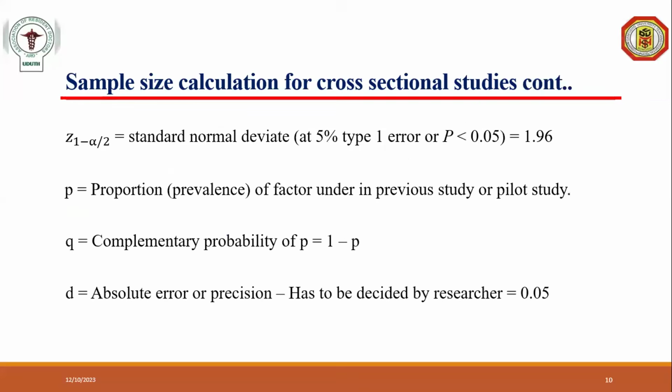Then Z subscript 1 minus alpha over 2 is the standard normal deviate at 5% type 1 error, which is 1.96. I have explained it when I was explaining the factors that influence sample size determination. So this Z that we are using in that formula, this is how to correctly write it: Z subscript 1 minus alpha over 2. That is your Z in the sample size formula.